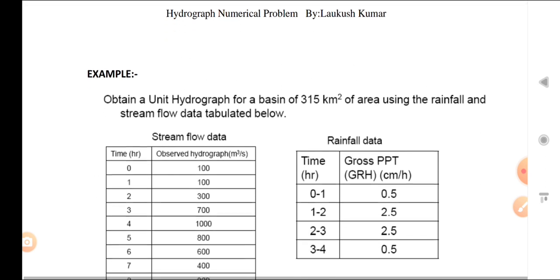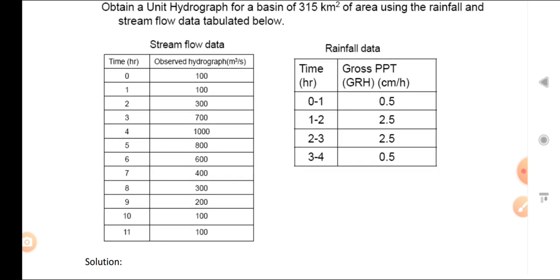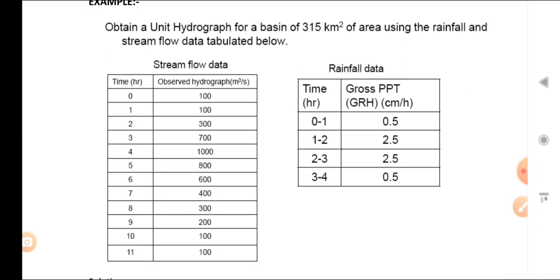Now the third problem: obtain a unit hydrograph for a basin of 315 square kilometers of area using the rainfall and stream flow data tabulated below. They are asking us to find the unit hydrograph.